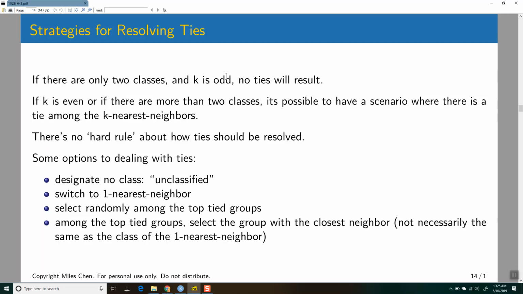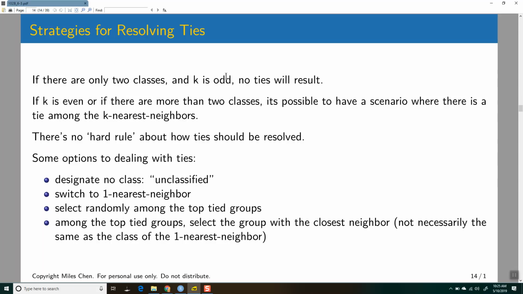So if you've got 2A, 2B, and 1C, it could be that the one nearest neighbor is C, and so you can decide that it belongs to class C. Or you can just say, well, with K equals 5, we've got 2A and 2B, and between A and B, A has an observation that's closer, so we're going to pick A, all right?